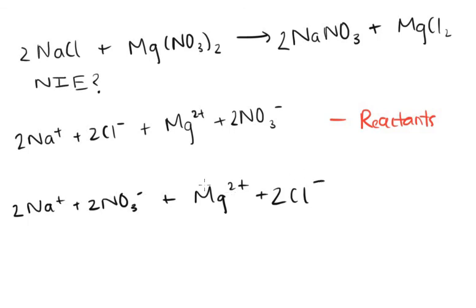So we get something fairly interesting here. These are exactly the same. In reactants and products, they're all ionized. So essentially, all these are spectator ions.